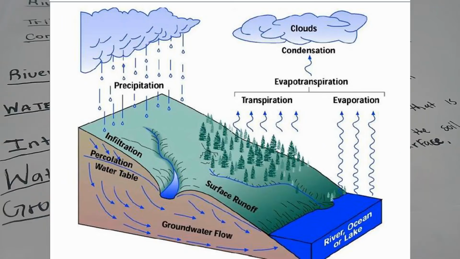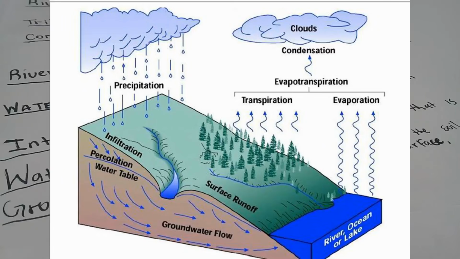Infiltration is whereby the water over the earth's surface enters the earth through porous rocks, the rocks that are permeable, the rocks that have cracks, and that ends up causing groundwater. So that's how groundwater ends up being underground.